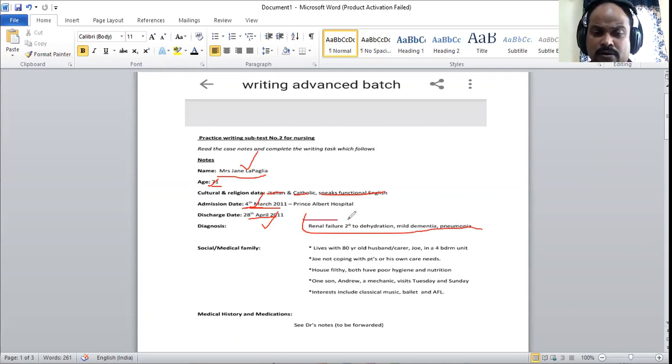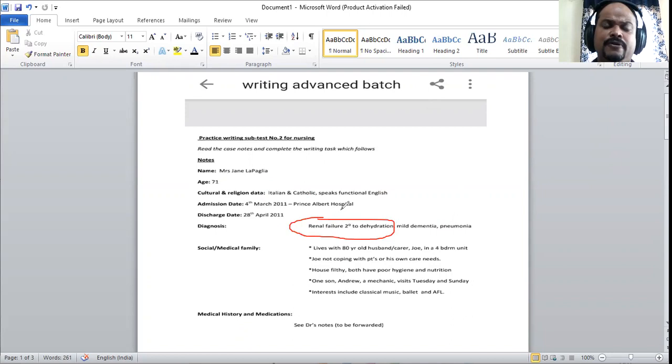Now this is the area where we need to have more concentration. The patient has a primary condition. The reason for her admission was renal failure secondary to dehydration. This is the thing you need to concentrate on. So why she got admitted to the hospital you were working with is that she had renal failure.